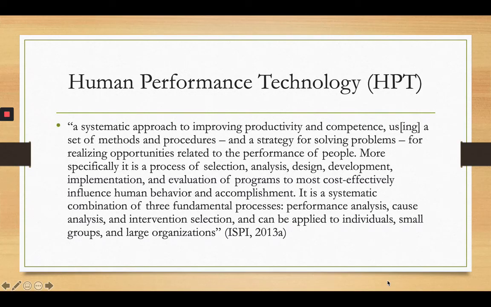Human performance technology was simply defined by Pershing in 2006 as a systematic approach to improving individual and organizational performance. It was further defined by the International Society for Performance Improvement, or ISPI, as a systematic approach to improving productivity and competence using a set of methods and procedures and a strategy for solving problems, for realizing opportunities related to the performance of people.